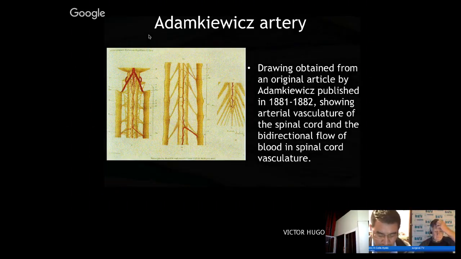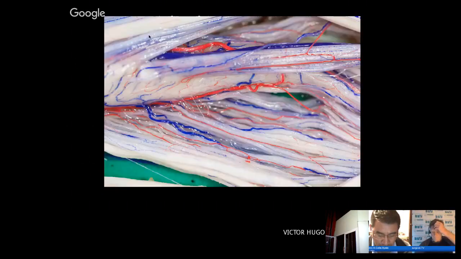Now we can see really beautiful pictures of this vascularization. Here we have some veins and some radicular arteries, and in the posterior aspect of this spinal cord, we can see the posterior spinal artery.